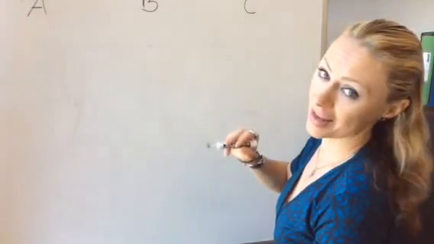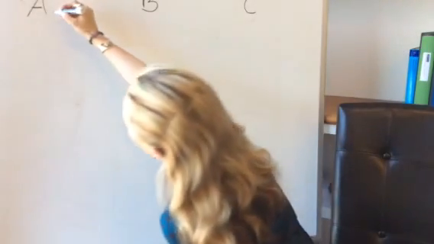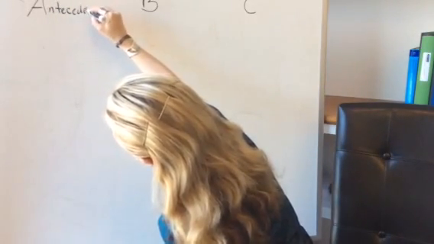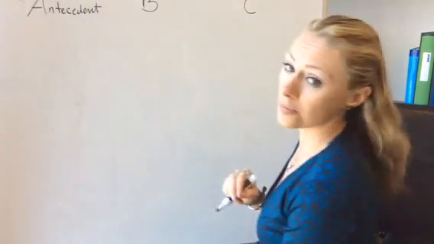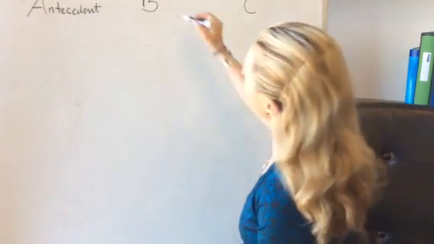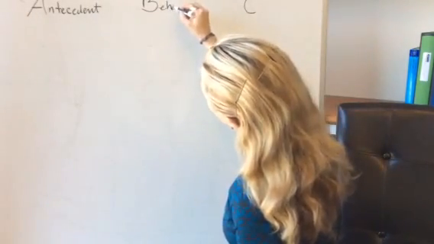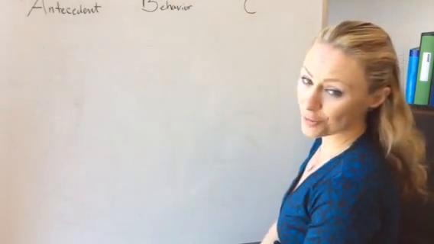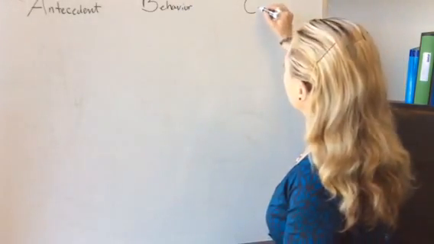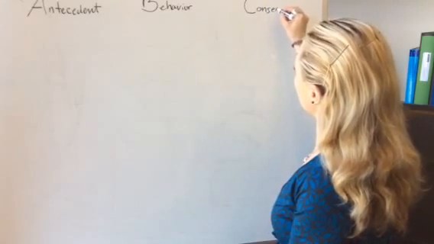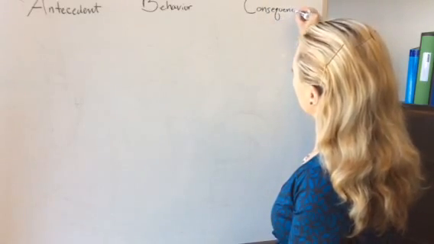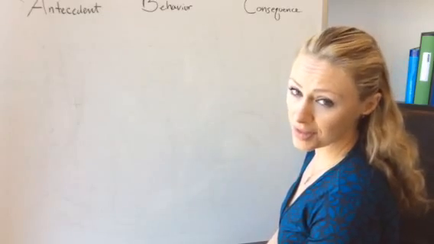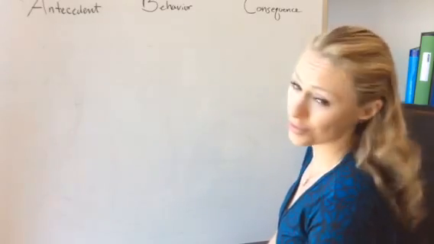And as we said, A stands for antecedent, B stands for behavior, and C stands for consequence. Often you're going to see this in a chart-like form, so I'm going to do that for us now.